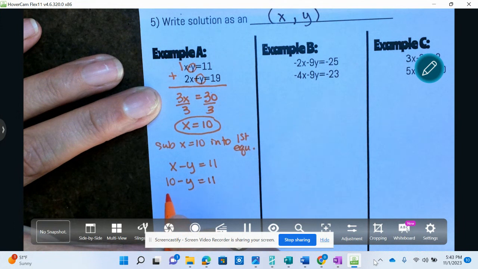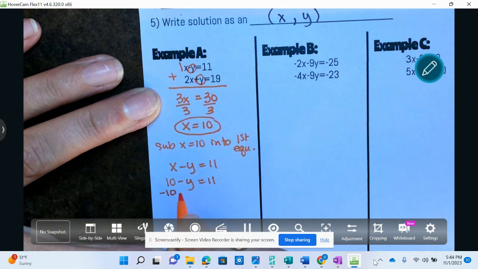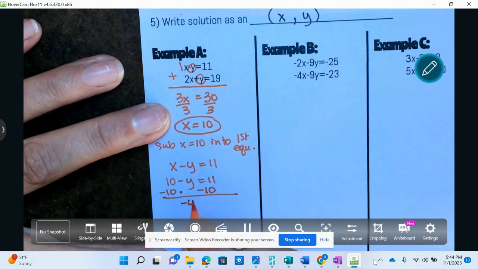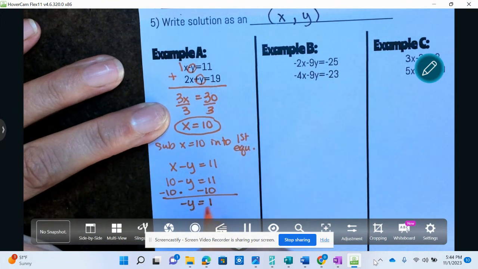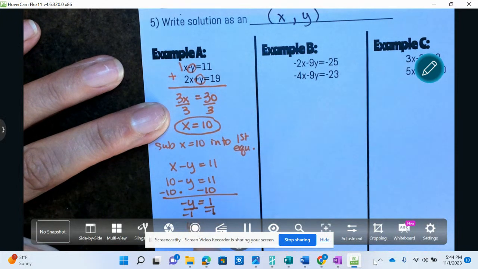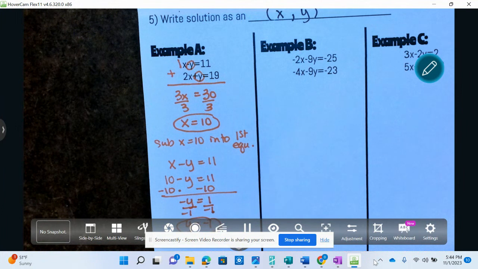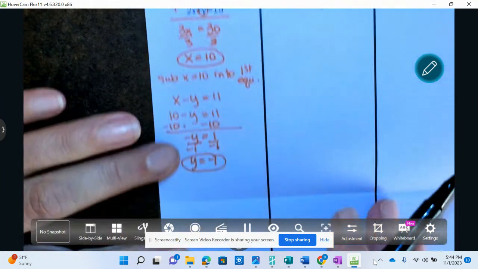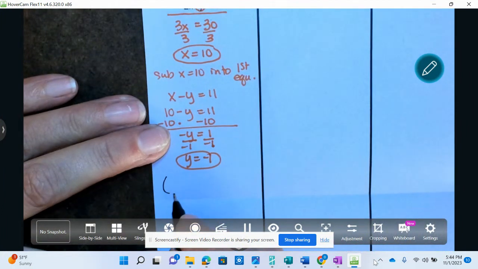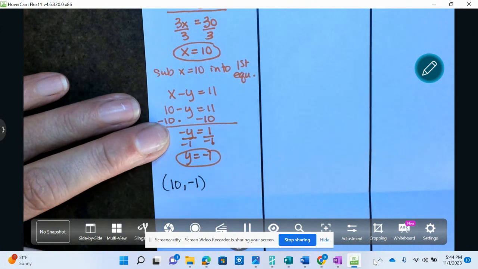Well, when I subtract my 10 from both sides, negative y equals 1. Divide both sides by a negative 1. Y equals negative 1. So my solution is the ordered pair 10, comma, negative 1.